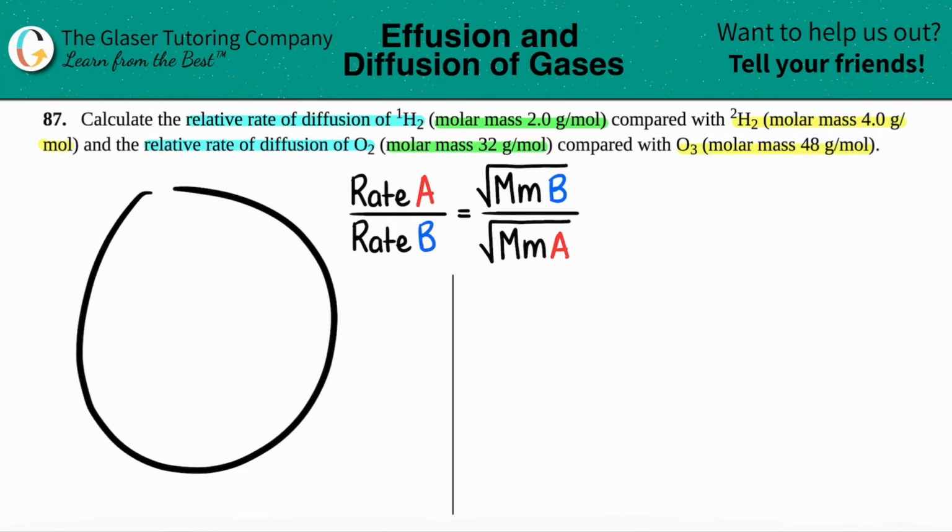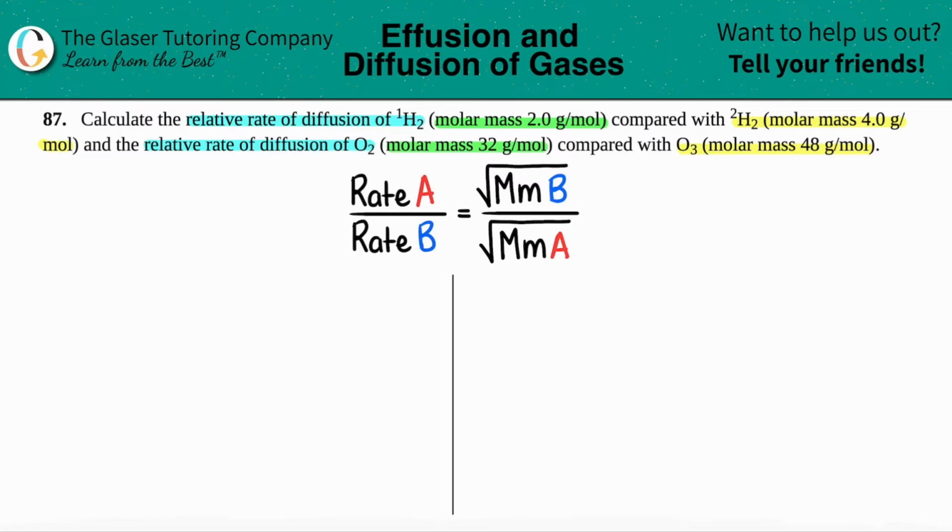So on the left side, let's do the first question. We want to compare the rate of diffusion, how fast this hydrogen is going to be traveling in comparison with this hydrogen. When we're using this formula, it does not matter who you list as A and who you list as B. Since we're trying to find out the relative rate of this hydrogen, I'm going to list A as being H2, the first one, compared to this hydrogen, which I'm going to classify as B. So that one is H2, but with the 2 here.